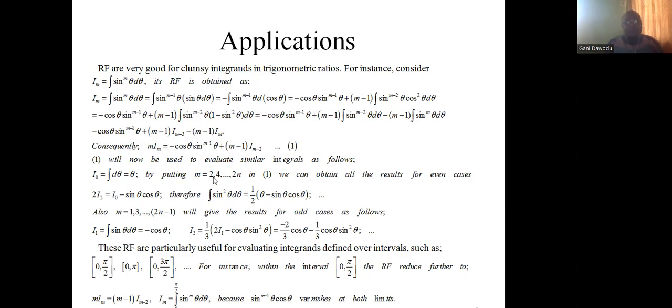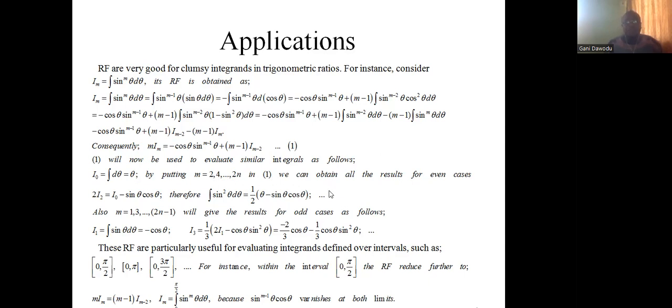So for m equals 2, 4, 6, 2n, even powers, what will result is different from the situation in which n is odd.